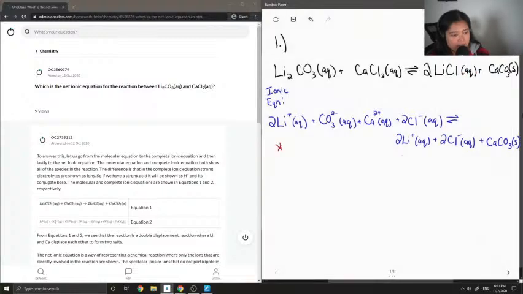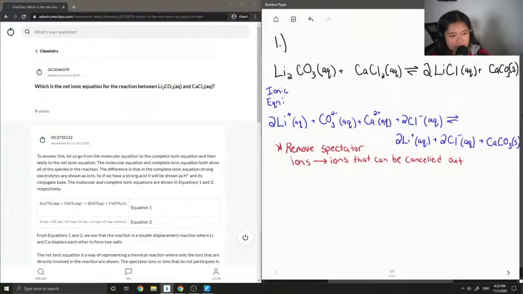Now, after we write down the ionic equation, we want to remove any spectator ions. Basically, these are the ions that are the same on both the reactant side and the product side, so ions that can be canceled out.